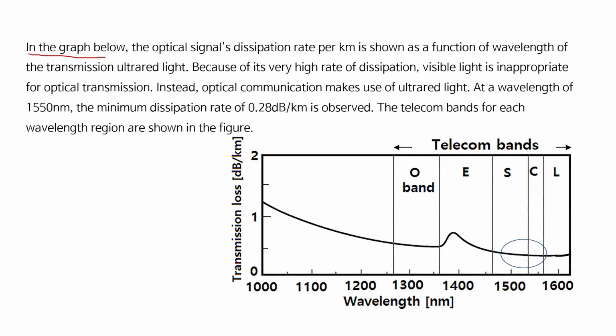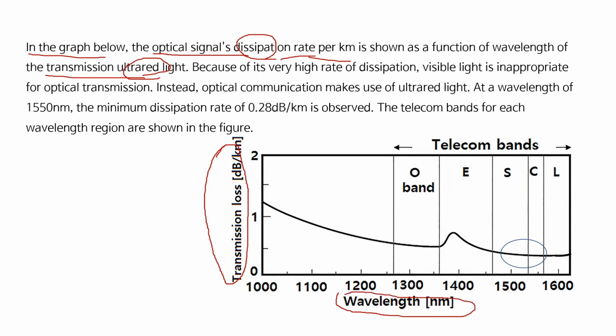In the graph below, the optical signal's dissipation rate per kilometer is shown as a function of the wavelength of the transmission light. The y-axis is transmission loss, and the x-axis is the wavelength of the light. Because of its very high rate of dissipation, visible light is inappropriate for optical communication.